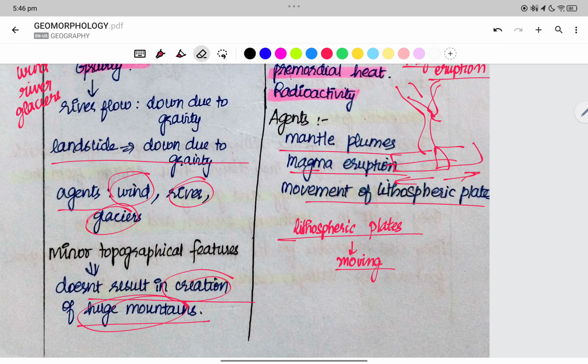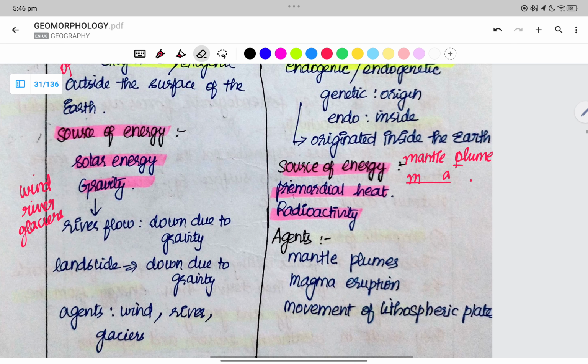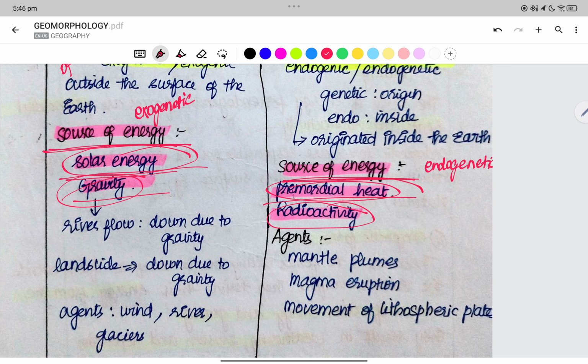Whereas the agents in the exogenetic forces are wind, river, and glaciers. Solar energy and gravity are the source of the energy in the exogenetic forces, and in the endogenetic forces we have the primordial heat and radioactivity.